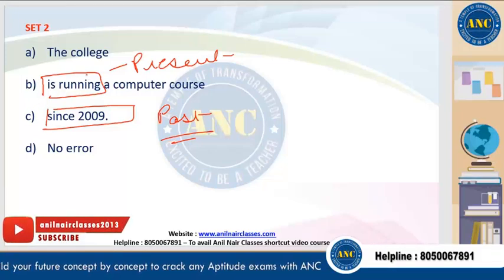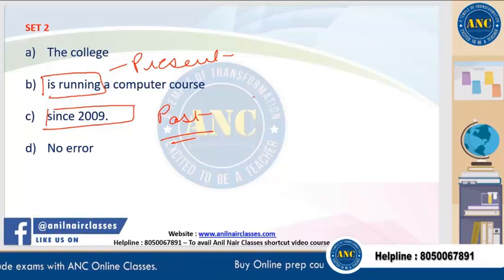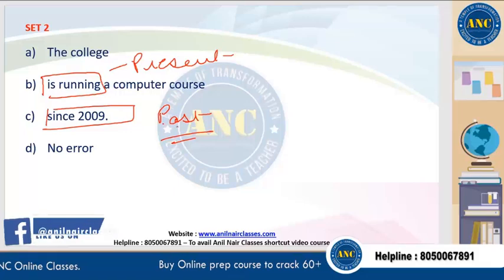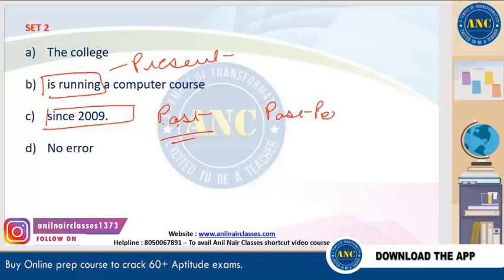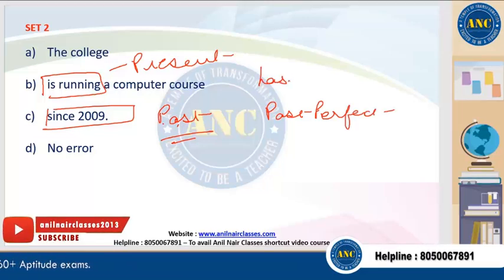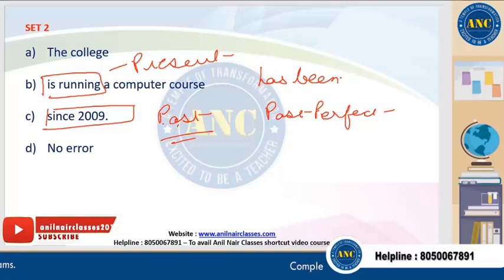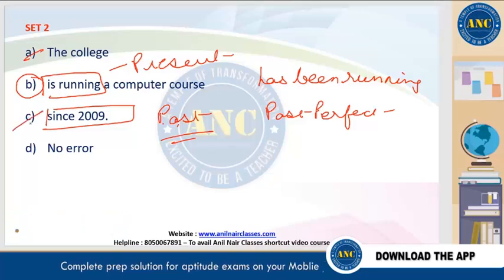Instead of "is running", we should have "has been running", because with "since" and "for" we use the perfect tense, right? The correct verb will be "has been running a computer course". So B is the right answer. Get rid of A, C and D.